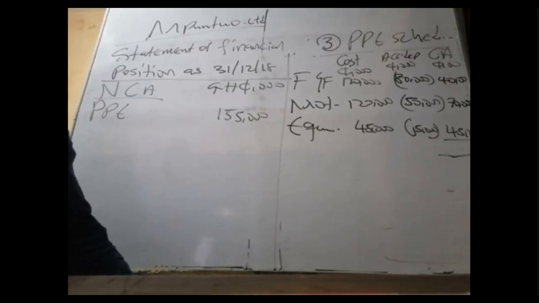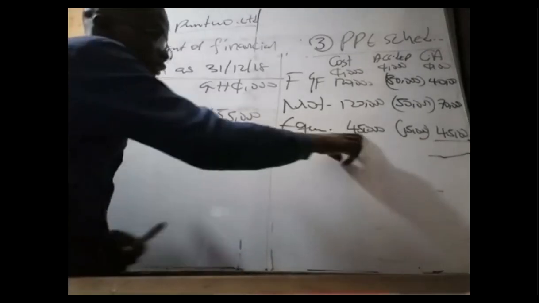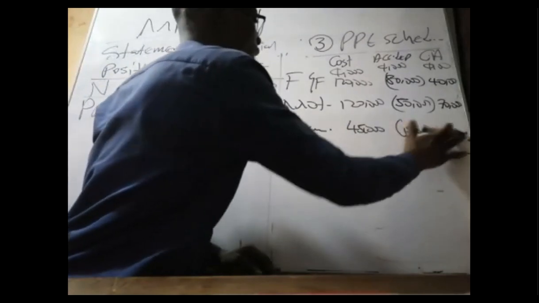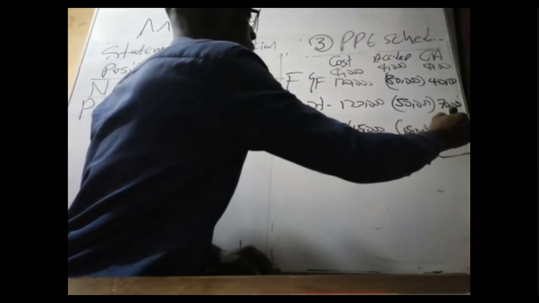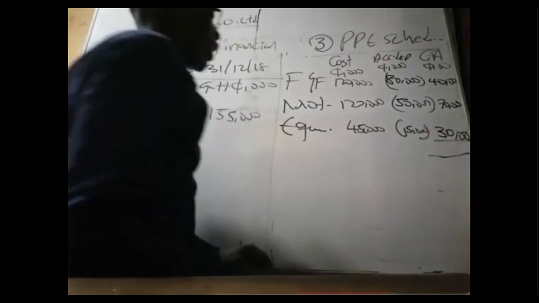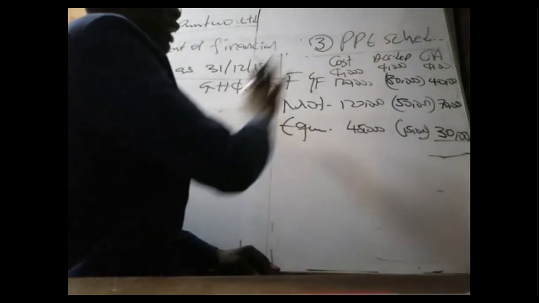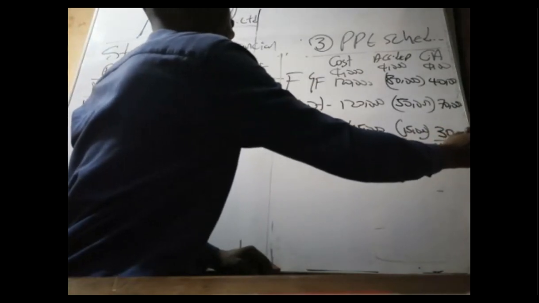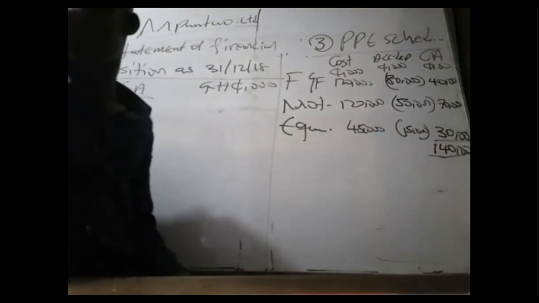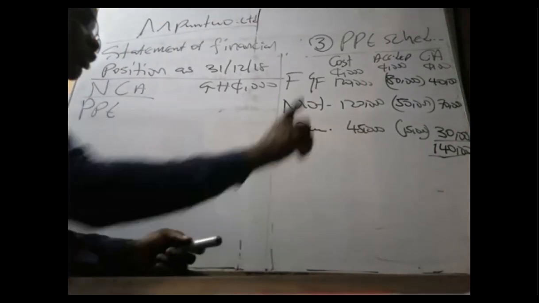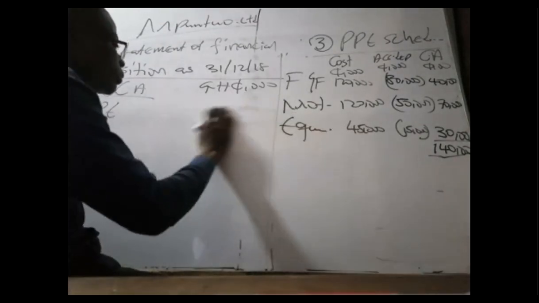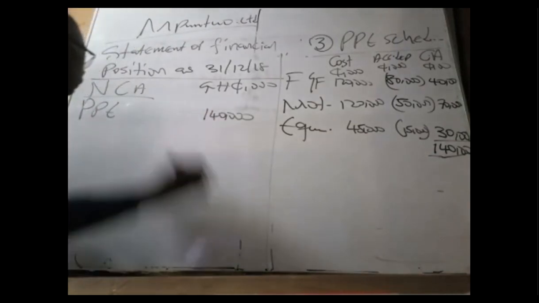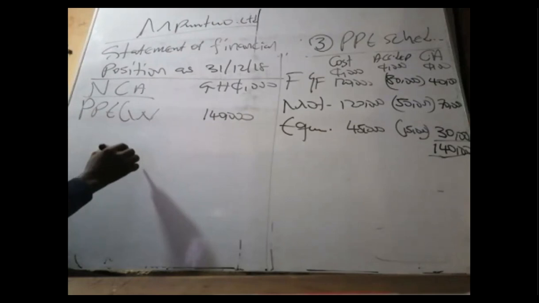Okay, there's a mistake. 45 minus 50 will never give us 45. So it must be 30,000. If I sum all up, it must give us 140,000. Agreed. So take note, 140,000. Good. Tell the examiner, it must go to working number 3.